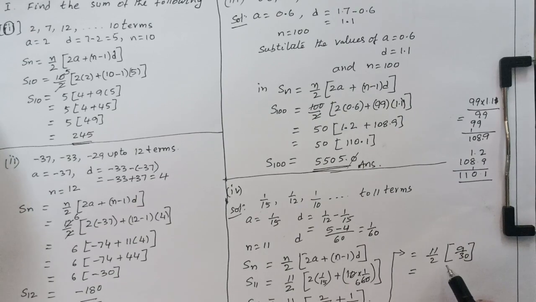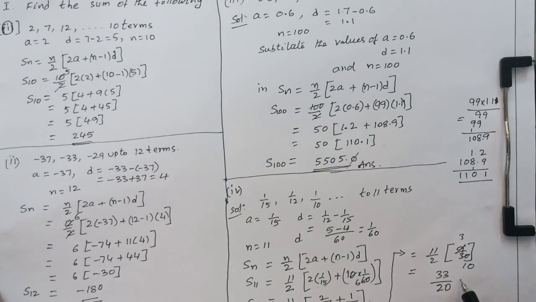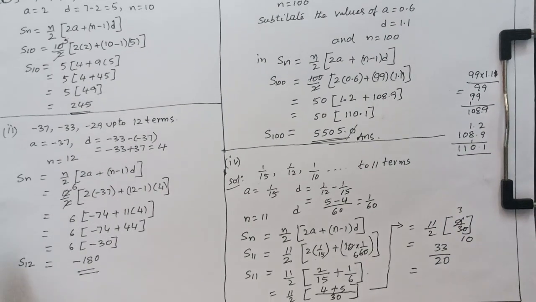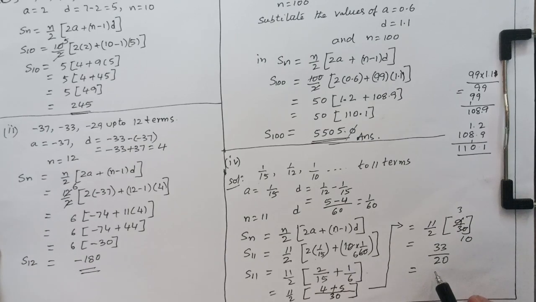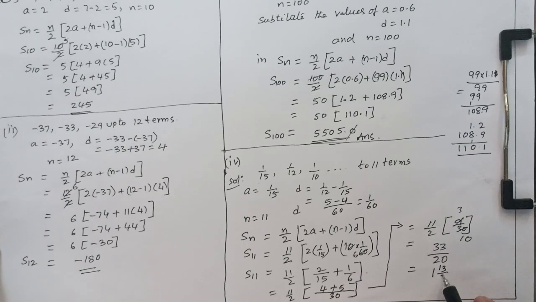That is equal to 3 threes are 9 and 3 tens are 30, so 33 by 20. This is an improper fraction. Now convert it into a mixed fraction. 20 ones are 20, remaining 13. So 1 and 13 by 20 is the answer.